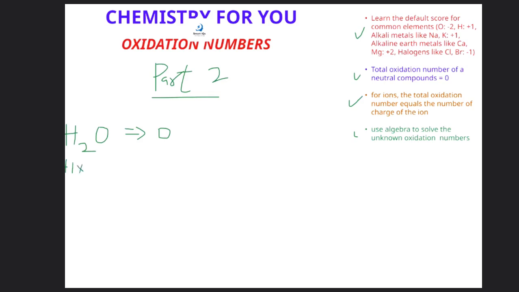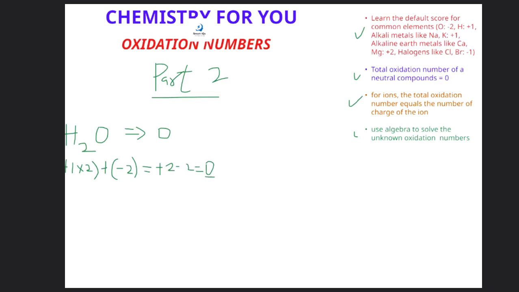So we say use algebra, it's very important. Then plus the oxidation number of oxygen, which is -2. So what do we have? We have +2 -2, which is equivalent to 0. Which is okay, so we are good to go, right?